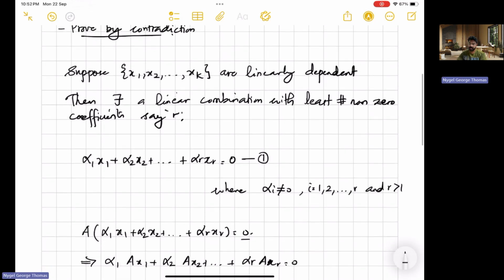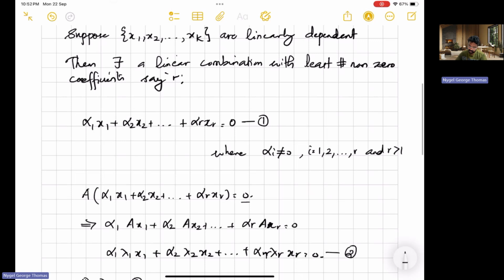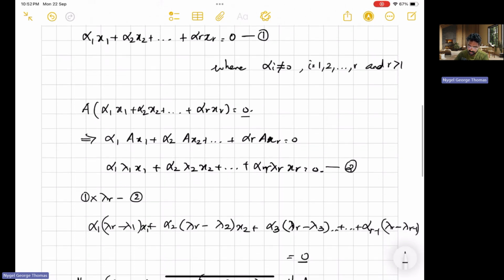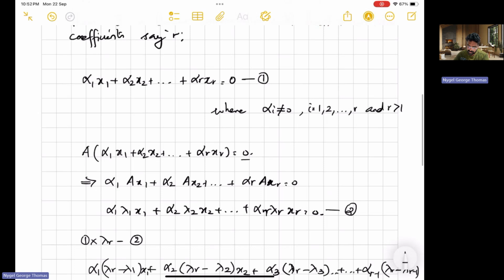What I'm trying to say is, for linear independence, we take a combination alpha 1 x1 plus alpha 2 x2 plus etc. plus alpha k xk equal to 0.